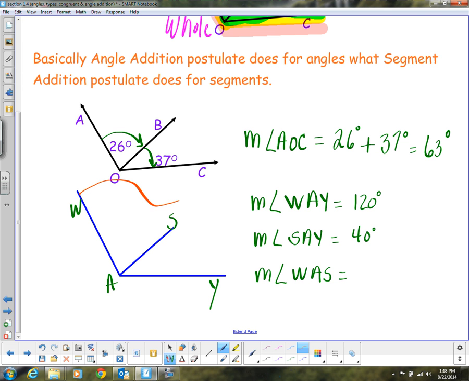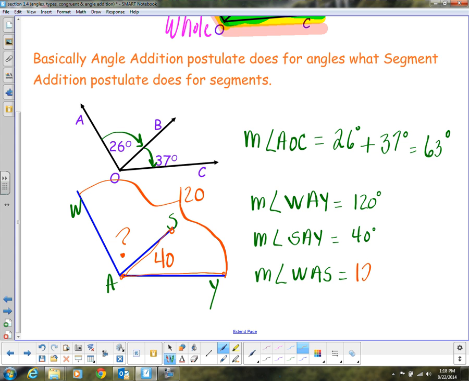We have been given that the whole entire big angle is 120. Now angle SAY, trace it, AY, is 40 degrees. So if this whole big angle is 120 and this portion is 40, how are we going to get this angle?